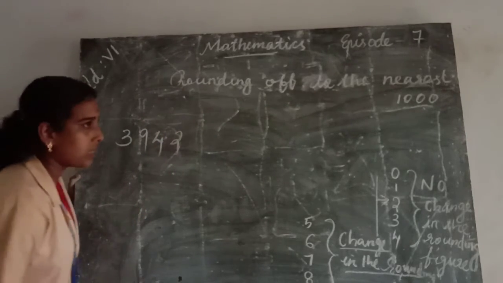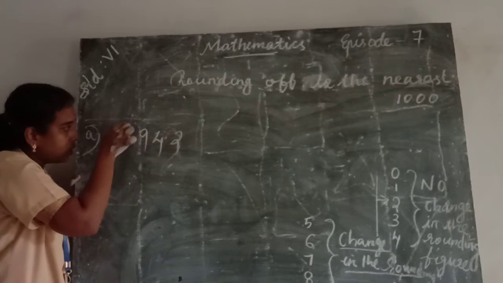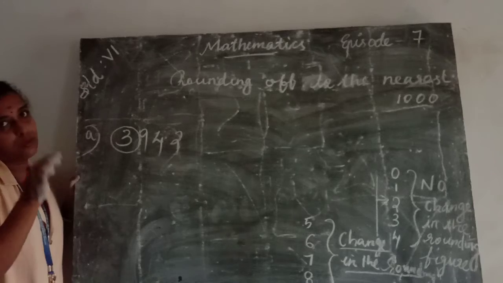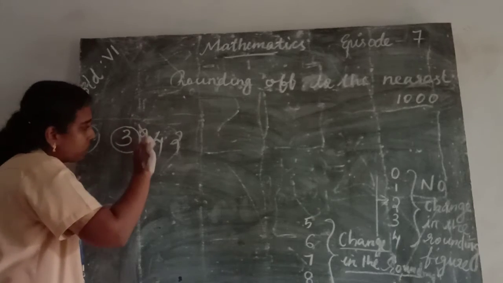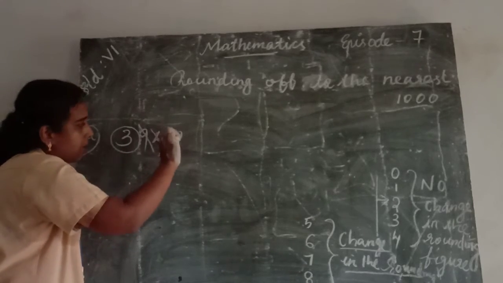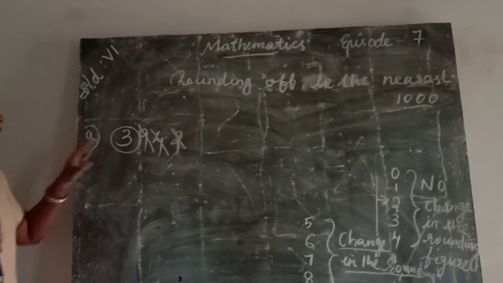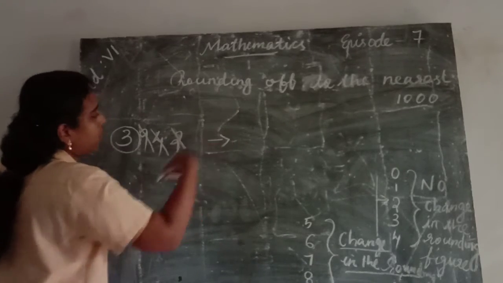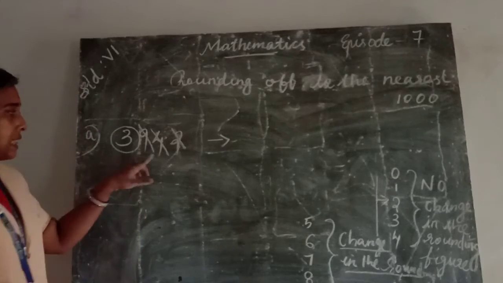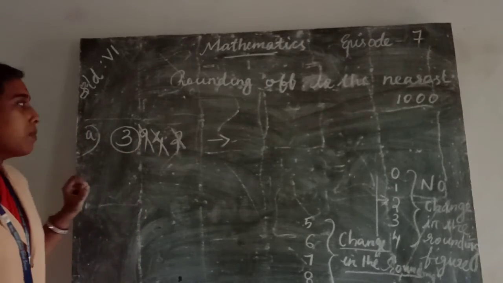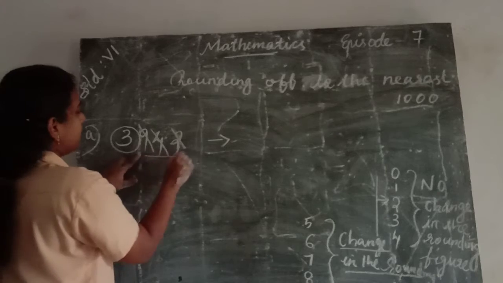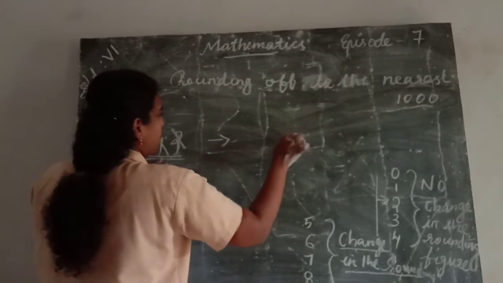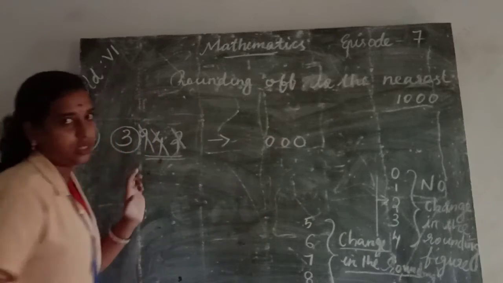For the nearest 1000, first we round the digit at the thousands position, and the digits that come before the rounded digit. For rounding off, we put zeros at the off digit positions. Here these 3 digits are off, so we put zeros at the off digit positions.